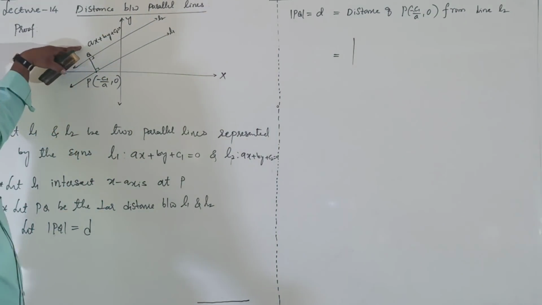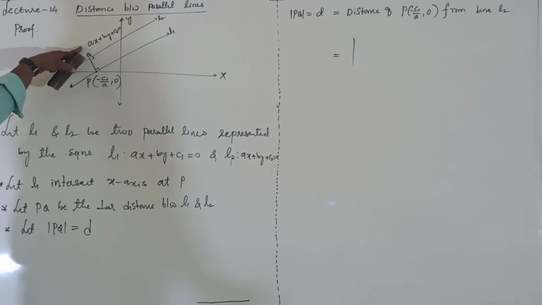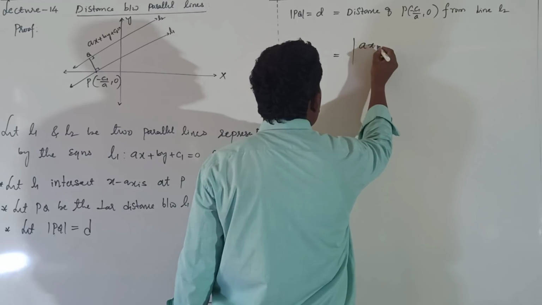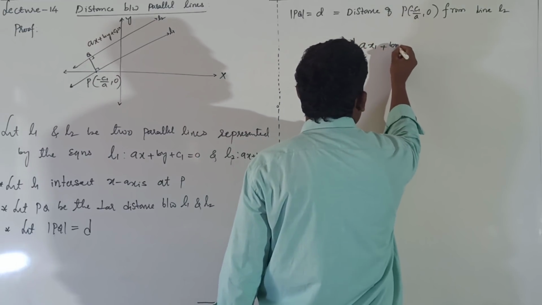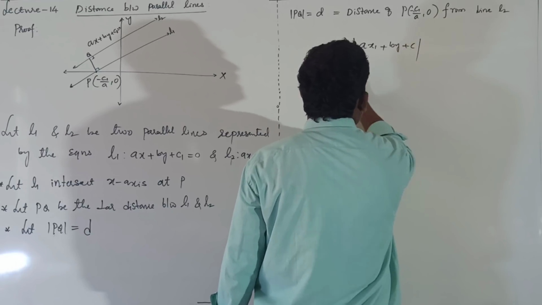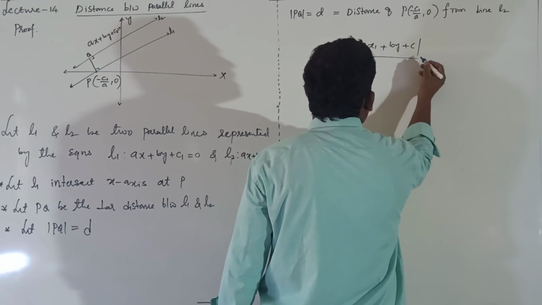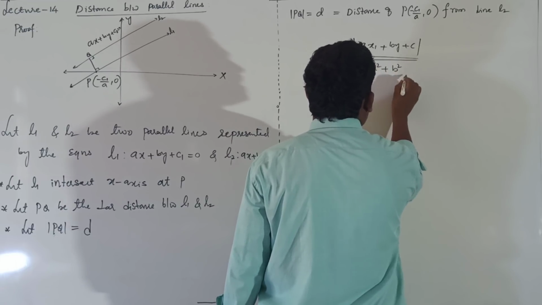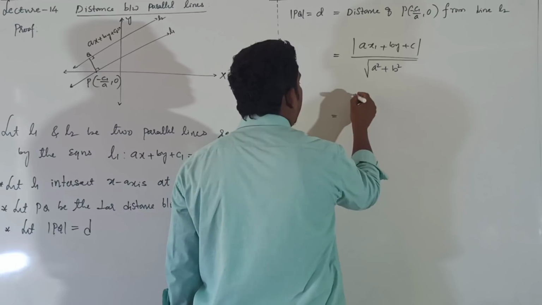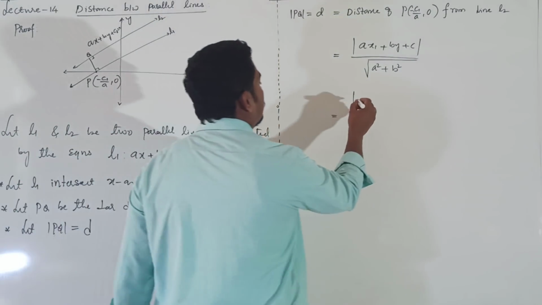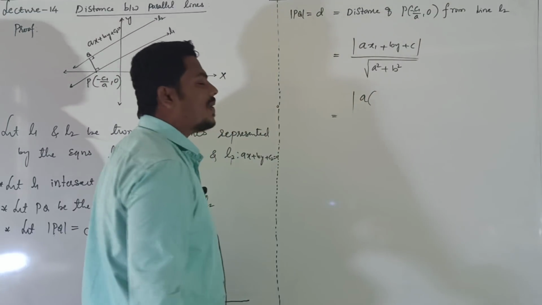Then in this case, write the formula: a x1 plus b y1 plus c divided by square root of a square plus b square, right? This is the formula.